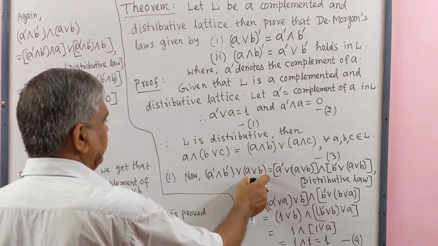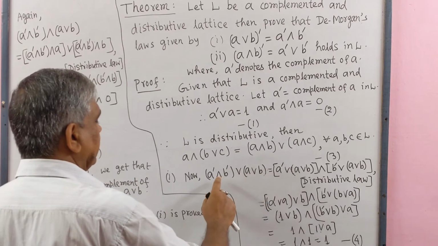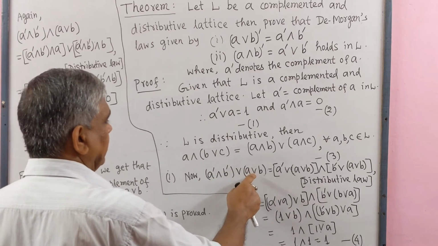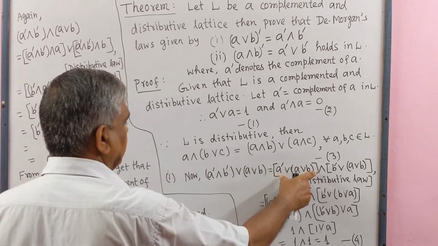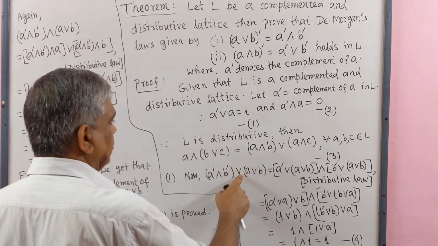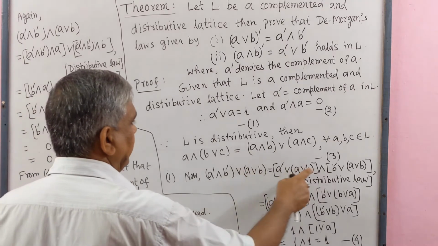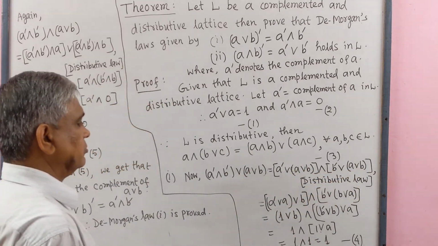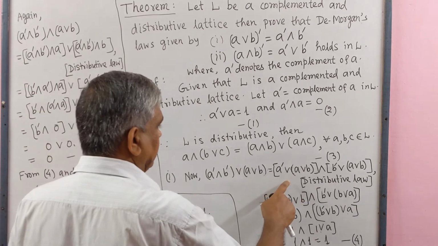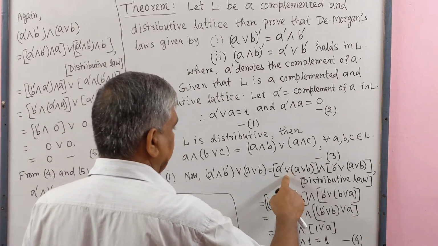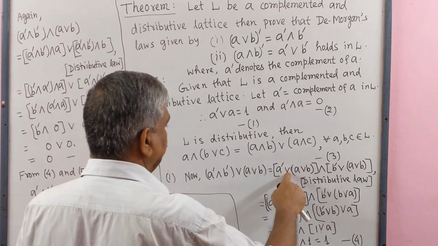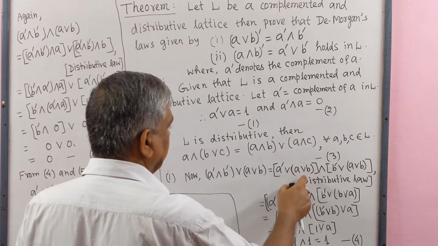Therefore, by distributive law, we get (A prime join (A join B)) meet (B prime join (A join B)), distributive law. Now by associative law here, we take bracket in A prime join A join B.